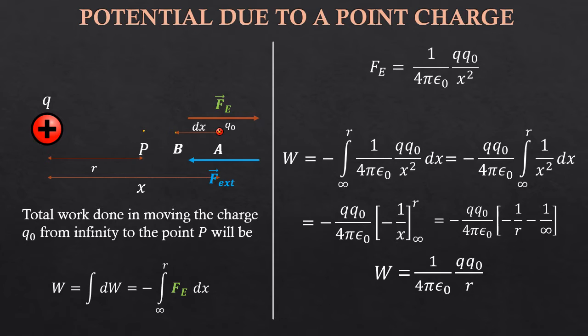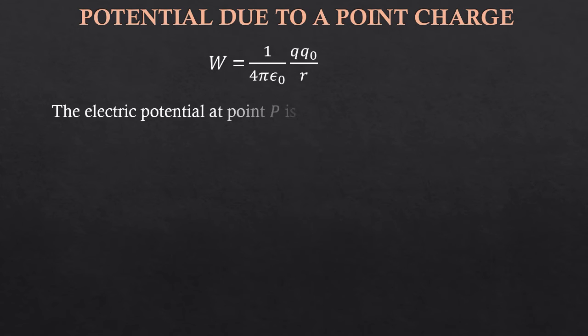This is the work done to move a test charge Q naught from infinity to a point P. From the definition of potential, we know that potential is equal to work done per charge. So W is equal to 1 by 4 pi epsilon naught Q Q naught divided by R. Therefore, the electric potential at point P is given by V is equal to W by Q naught.